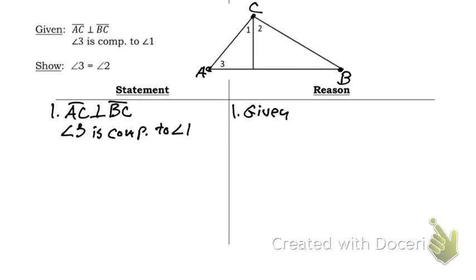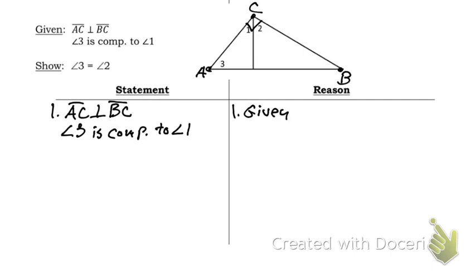Can someone tell me what it means to be perpendicular? And don't just tell me they intersect. They intersect in a very specific way. 90-degree angle. So if AC is perpendicular to BC, this angle is 90 degrees.